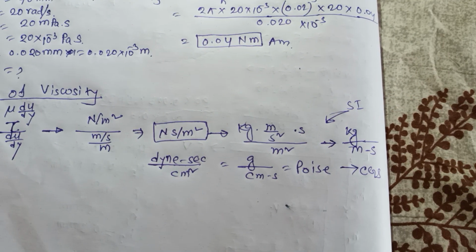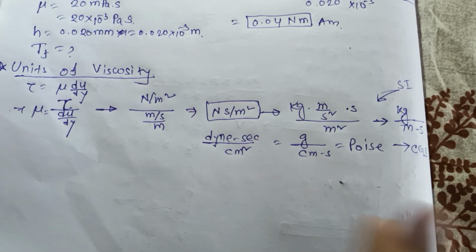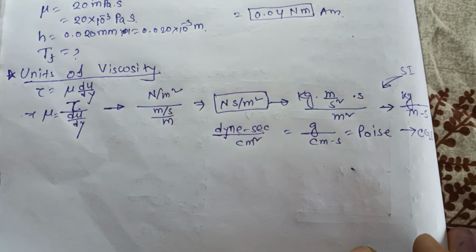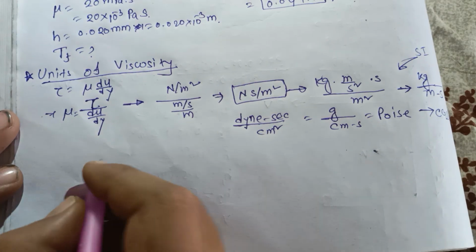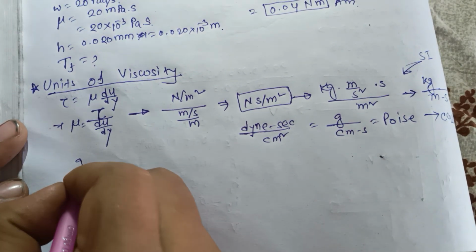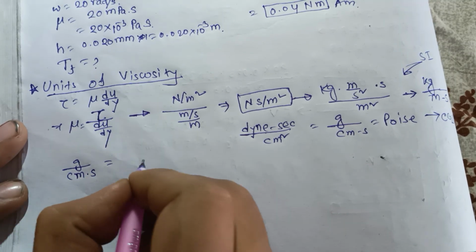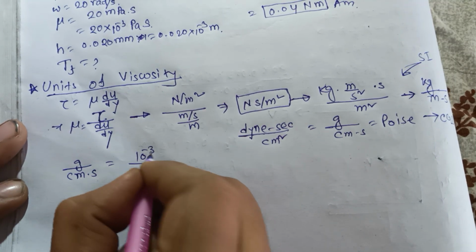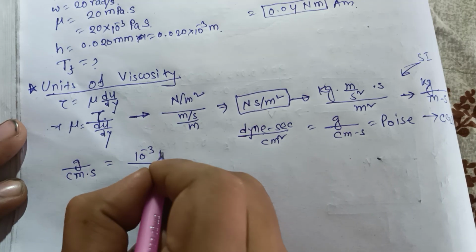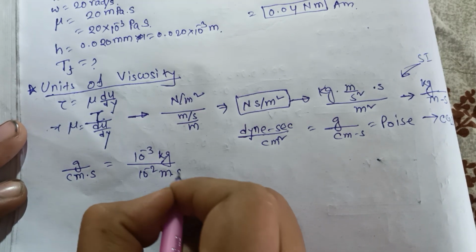Okay, there is one relation: what is the relation between the CGS and SI units? One poise is equal to what in Newton second per meter square? The CGS unit is gram per centimeter second. If you convert this to SI units, that is 10 to the power minus 3 kg by 10 to the power minus 2 meter into second.